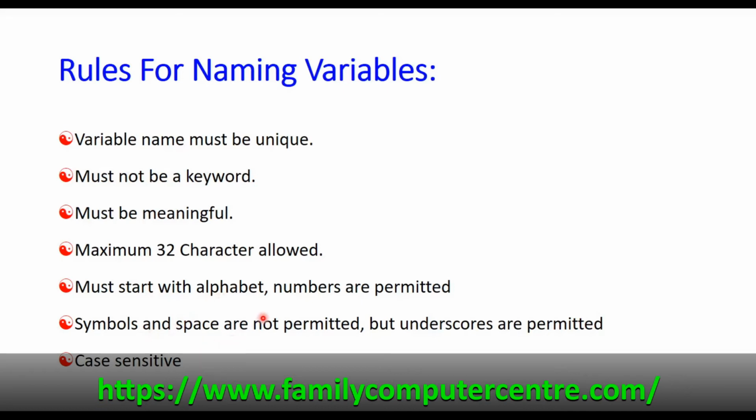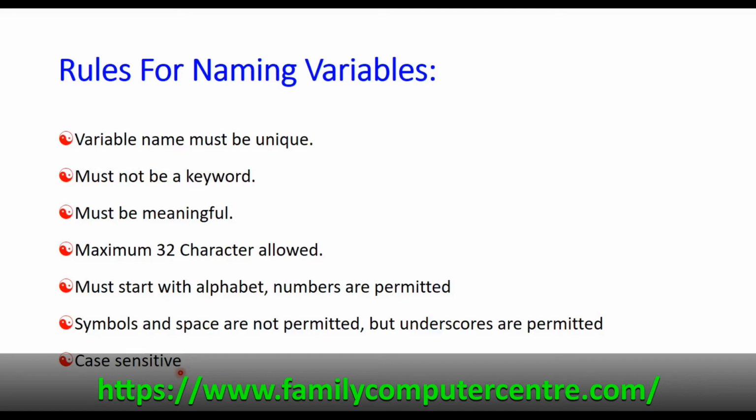You cannot use any special symbols in the variable name, but you can use underscores. Suppose you need to space out two words in the variable name: you cannot use a space, but use an underscore to space them out. And variable names are case sensitive. That means if you use uppercase and lowercase, they are two different things. They are case sensitive in C++.